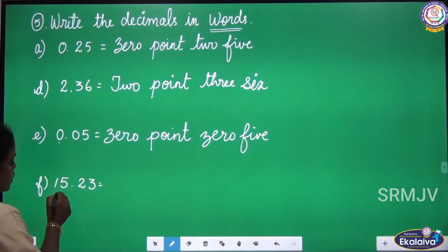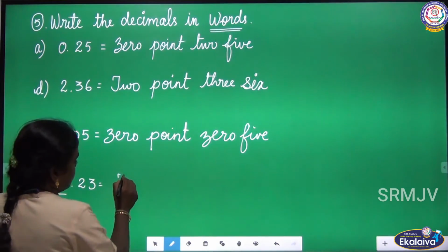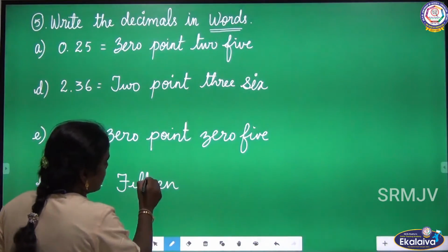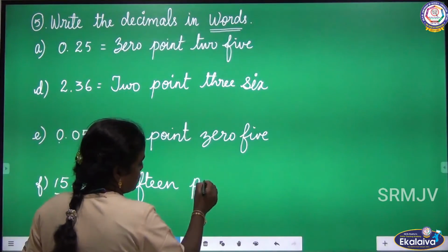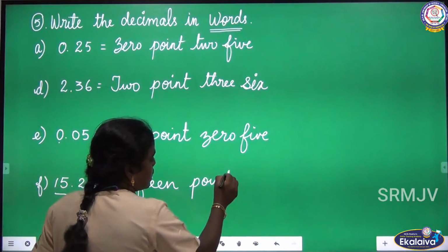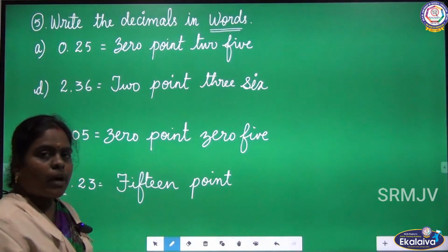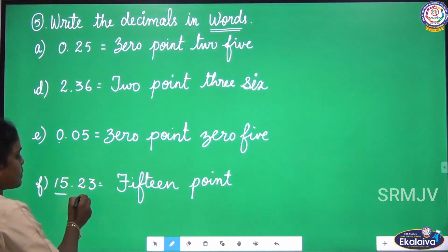15.23. In the whole part we have 15. Let us write first 15. F-I-F-T-E-E-N. 15 point. Children, in the whole number part you can write together, but when it comes to the decimal part, you have to write separately.